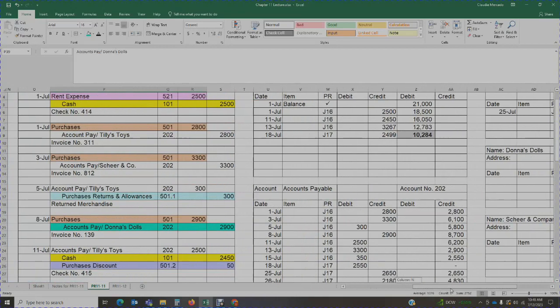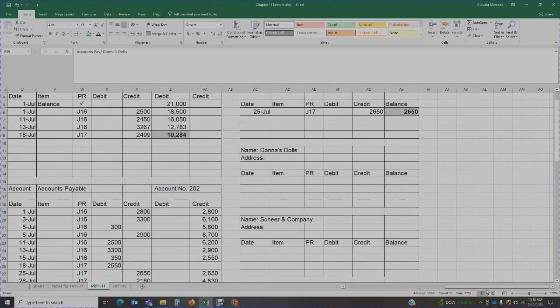The first one is on July the 8th. So on July the 8th, Journal 16. Let me go back, I don't remember.